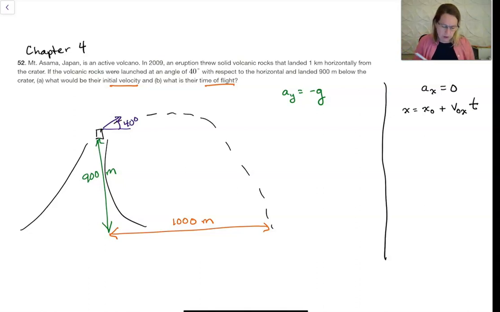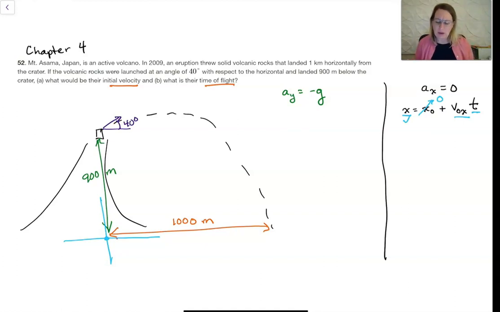And we can set up our coordinate system to be something like this, where this is our 0. So then we can say our initial x position is 0. Our final x position is going to be this 1,000, so we have that. We don't have the time, and we don't have this. That's not very promising. So all we have right now is that. The other two we want. So this isn't very promising to start with.